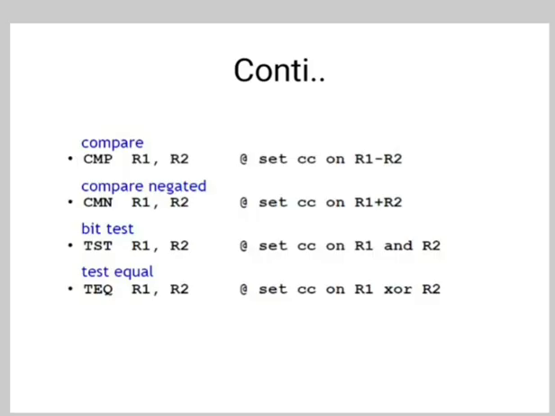Next, bit test means set CC on R1 AND R2, that is the ANDing operation takes place in the bit test, and TEQ, test equal, is set CC on R1 XOR R2, that is the XOR operation takes place.